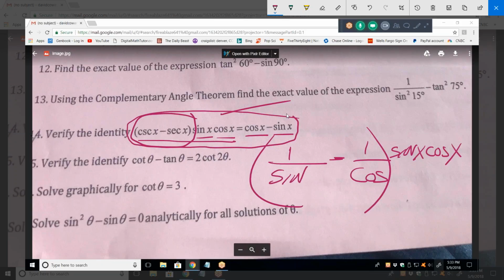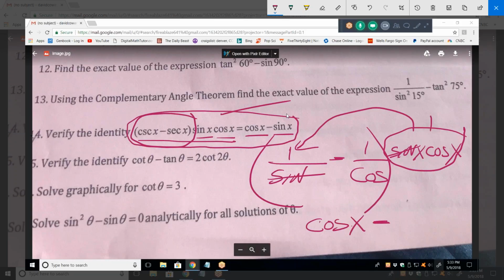Well, let's do it one at a time. In other words, let's distribute that to both terms. If I multiply that by that, what do I get? Just sine times cosine. Sines cross out. End up with cosine. Now multiply that by that.